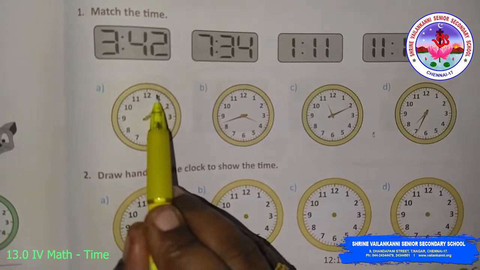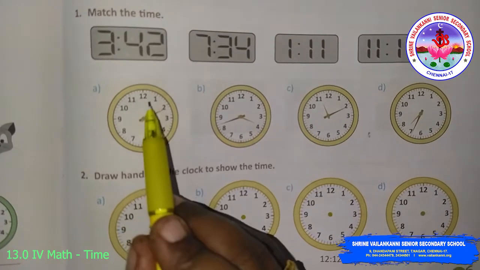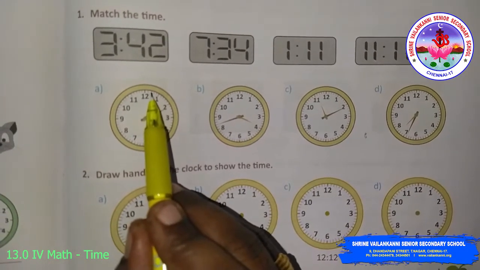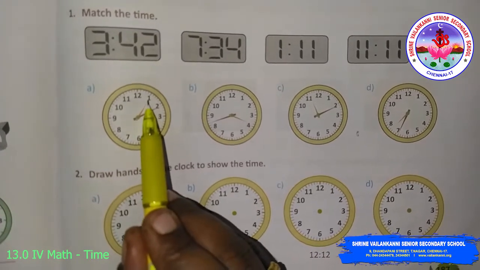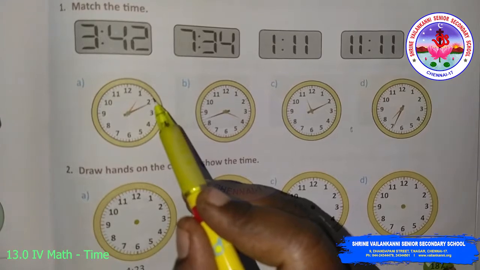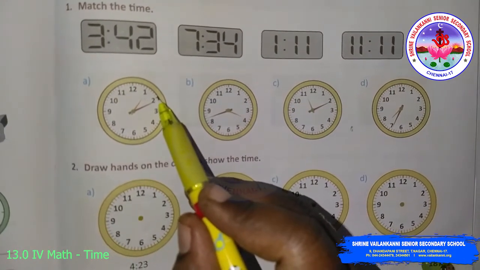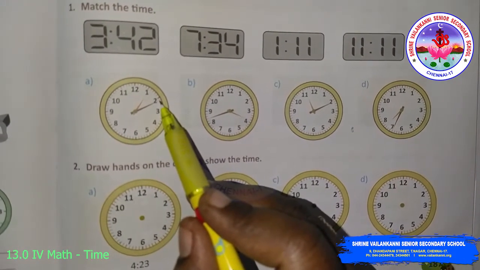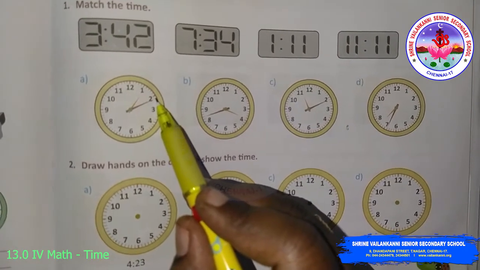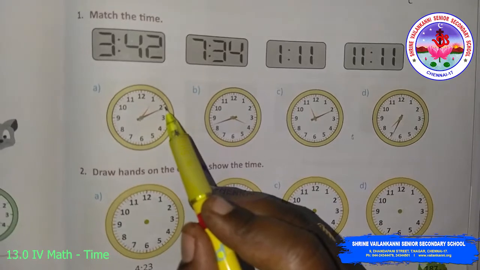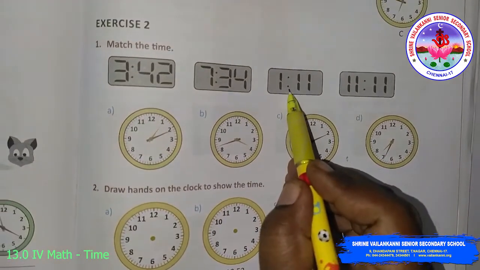These lines should be added, that is, you should call each and every line as 1 minute. So this is 10. After this, the minute hand is showing the first line after 2, that is 1:11. So here 1:11 is there.